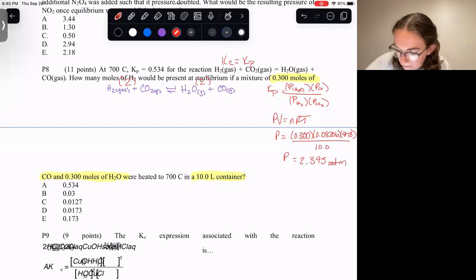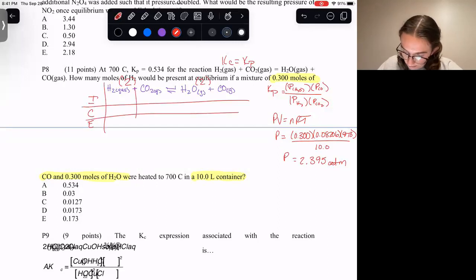Perfect. Okay. So once we have that, we can now start plugging in our ICE or RICE table. Okay, so if we're going to plug in ICE, what can we fill in from our question so far? What does that 2.395 correlate to?